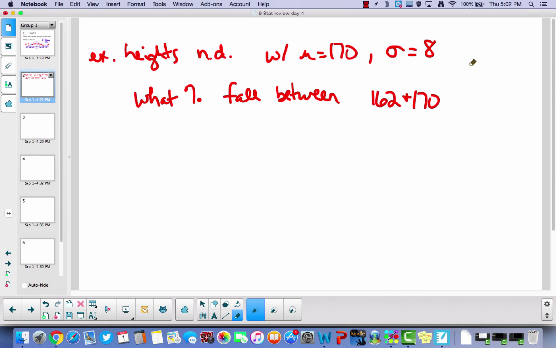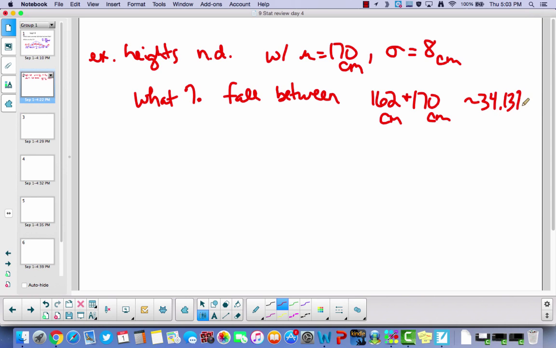Let's try centimeters. So what percent fall between 162 and 170? Well, that's 1 standard deviation of the mean, so we should have approximately 34.13%.